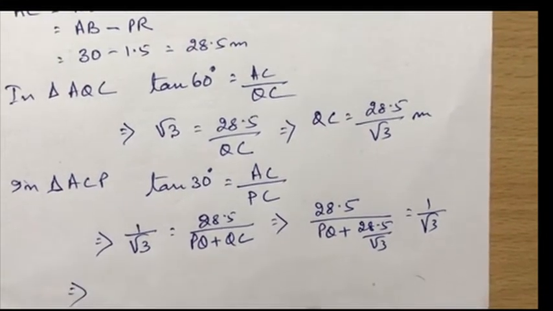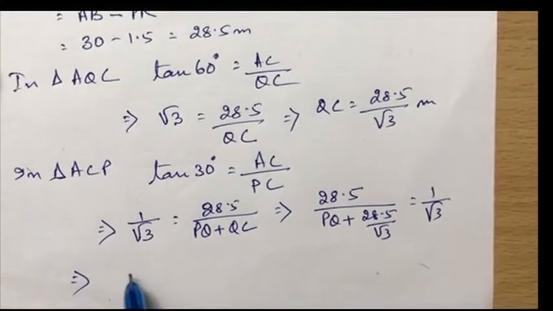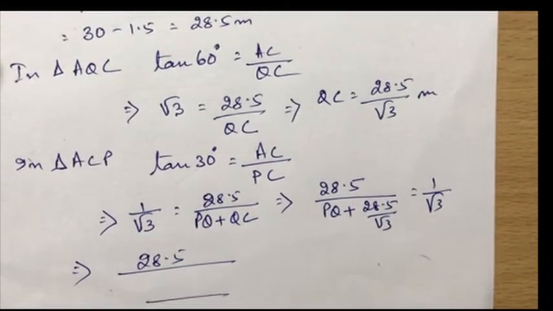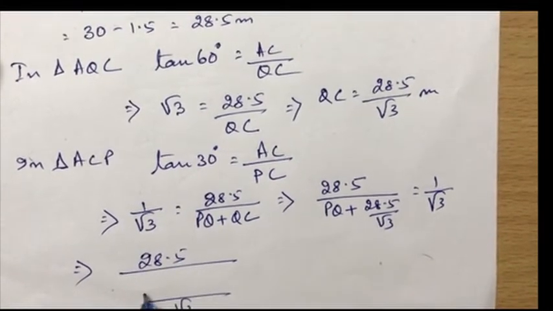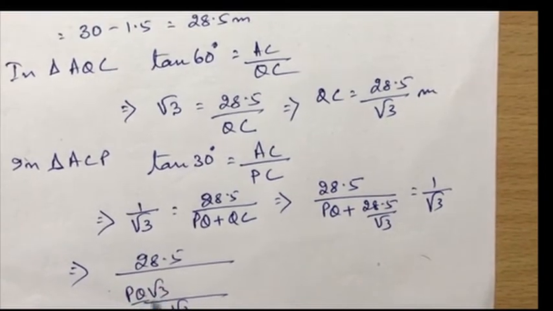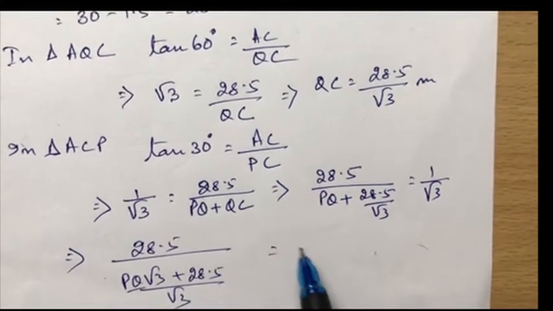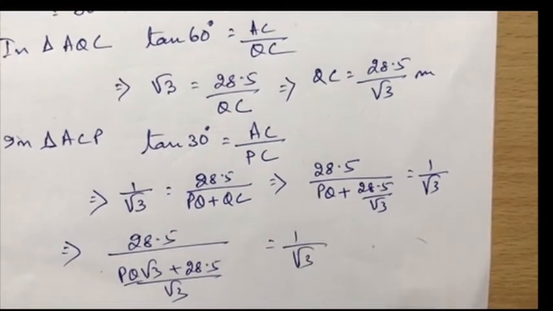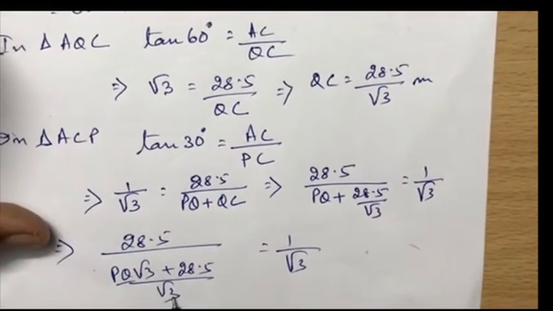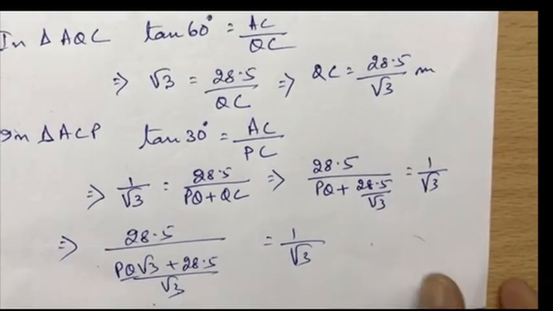See, now you are in class 10, so try to understand my steps. 28.5, here it is root 3, so this becomes PQ root 3 plus 28.5 is equal to 1 by root 3. Now if I remove this one, then this root 3 will go to the numerator.